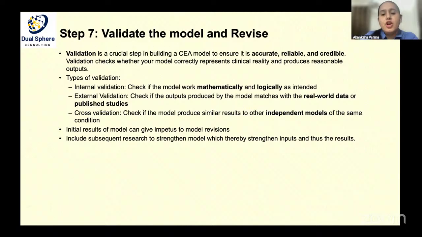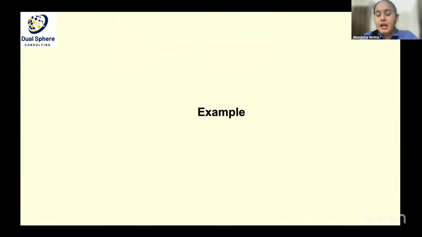Okay, and to strengthen your inputs and then results. So these are mainly 7 broad steps when you think of creating a model. Now, I'll show you one example.